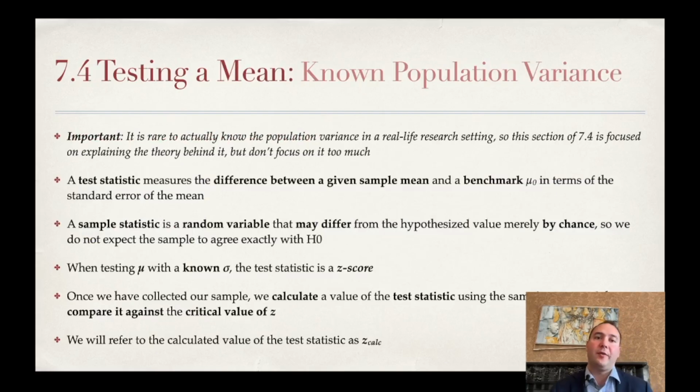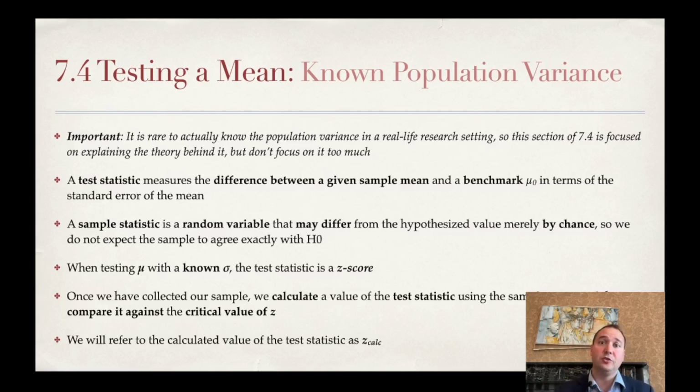Okay, so let's talk about actually testing. Testing a mean. This example is testing a mean with a known population variance. What is the population? The population includes all of the possible subjects that you are making assumptions about, right? This is a commonly used example, the average height.